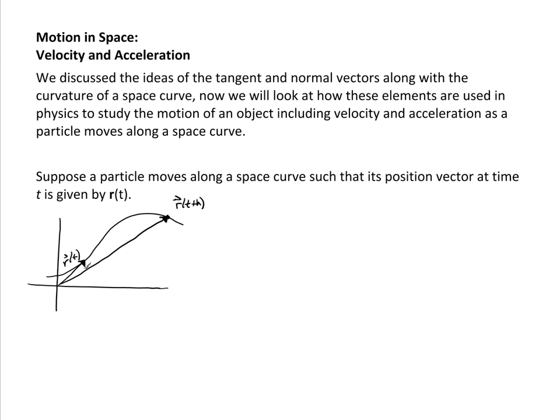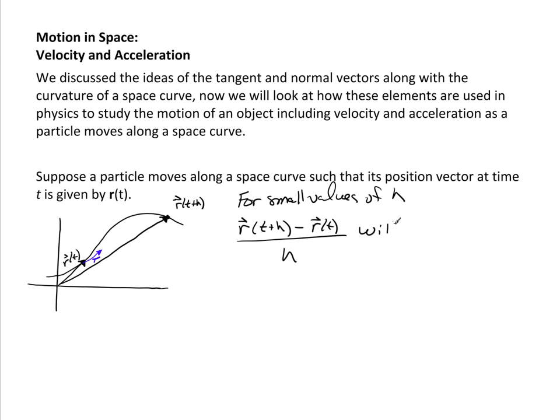Now, my actual direction of travel at time t can be described by the tangential vector T. However, for small values of h, the vector r of t plus h minus r of t over h, which I'm sure you recognize that format, will very nicely approximate the direction of travel.